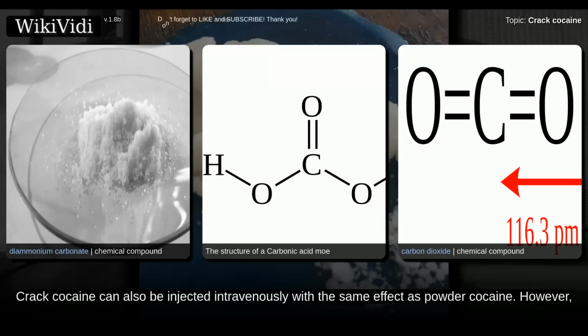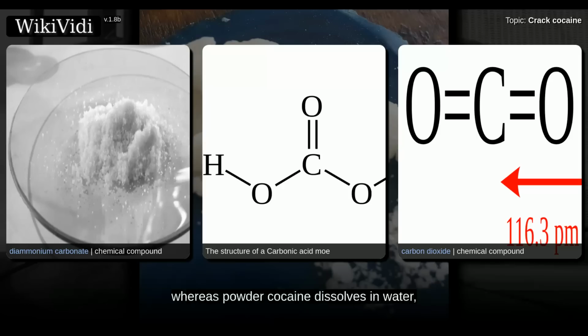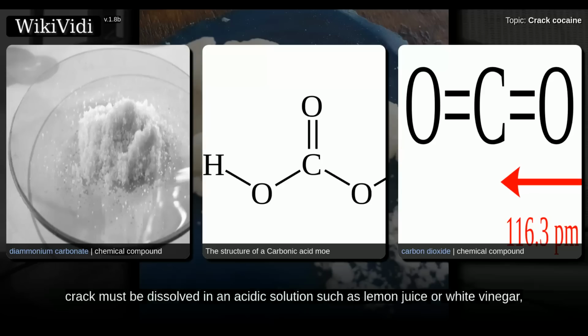Crack cocaine can also be injected intravenously with the same effect as powder cocaine. However, whereas powder cocaine dissolves in water, crack must be dissolved in an acidic solution such as lemon juice or white vinegar, a process that effectively reverses the original conversion of powder cocaine to crack.